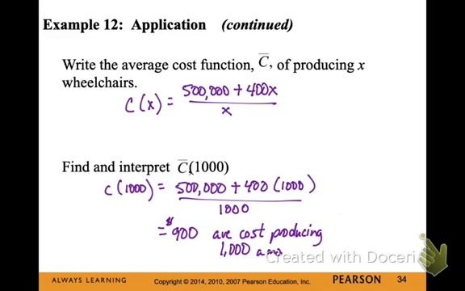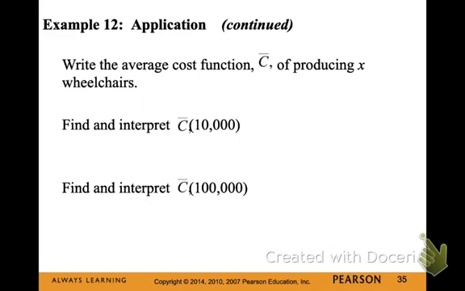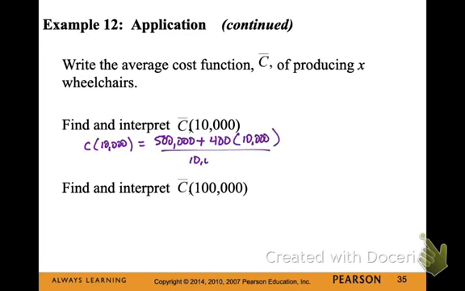Let's take this a little further. So what will happen if we can produce 10,000 chairs in a month? We still just have that fixed cost of $500,000. So if we're able to produce 10 times the amount of chairs, then you can imagine that the cost per chair will go down. So now if we can produce 10,000 in a month, the cost per chair is $450.